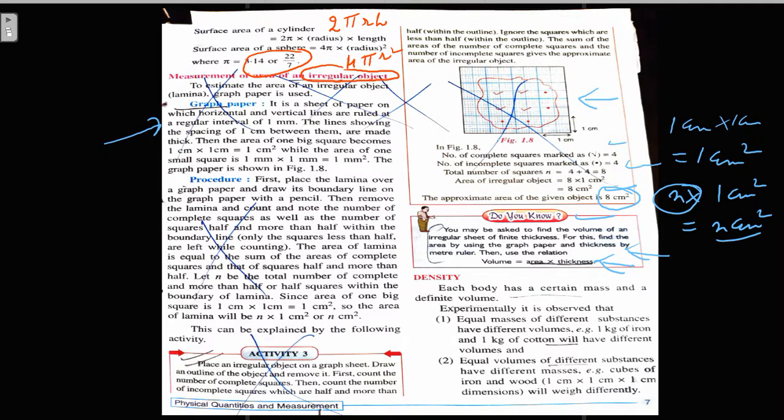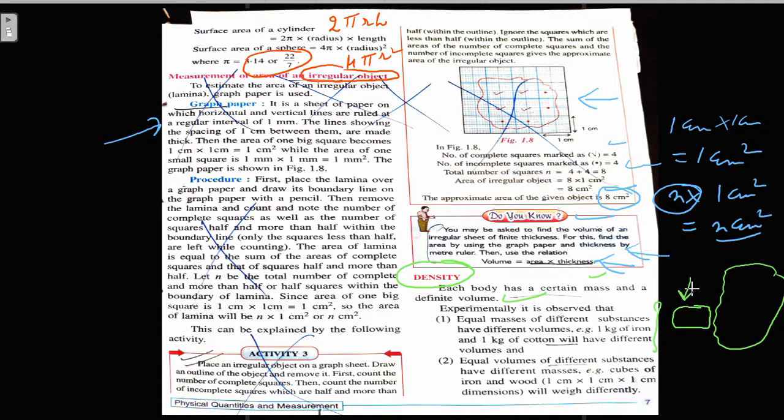Now students, we will move on to the next topic, that is density. What is density? Each body has a certain mass and a definite volume. So equal masses of different substances have different volumes, like 1 kg of iron and 1 kg of cotton. 1 kg of iron will have a size like this, and 1 kg of cotton would have a size like this. So which would have more mass?